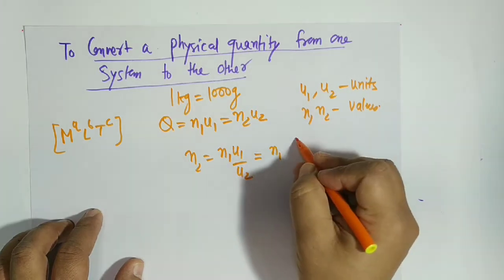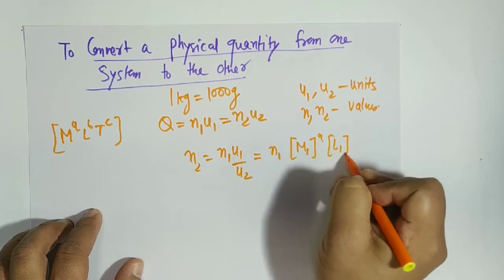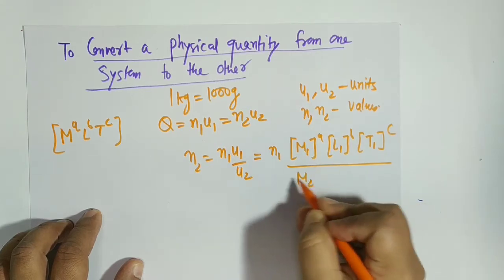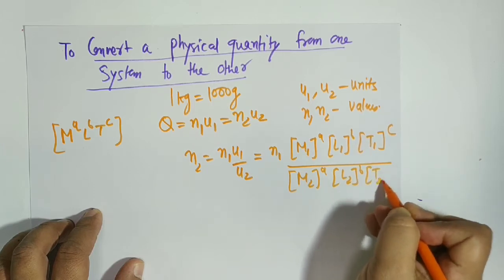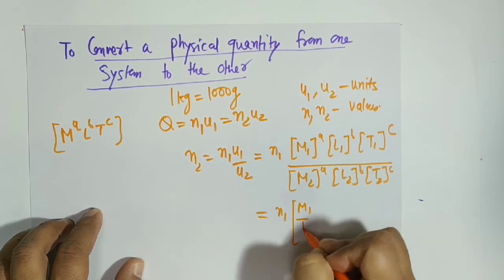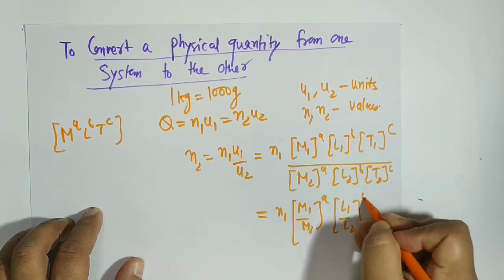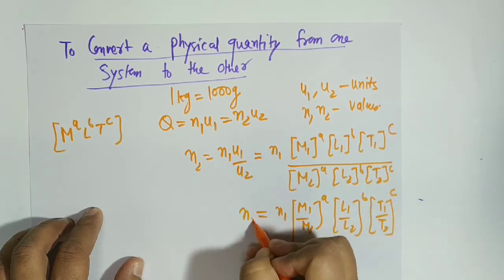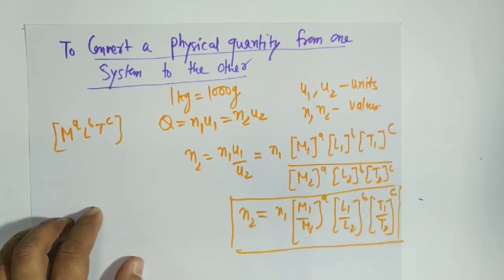For U1, it will be M1 A, L1 B, T1 C. And for U2, it will be M2 A, L2 B, T2 C, because the dimensions will be the same. So we can write N2 equals N1 into M1 by M2 to the power A, L1 by L2 to the power B, and T1 by T2 to the power C. So we can easily use this method to find the value of either N2 or N1.